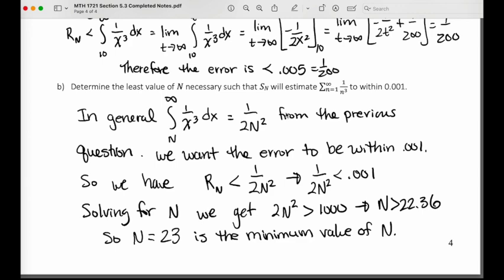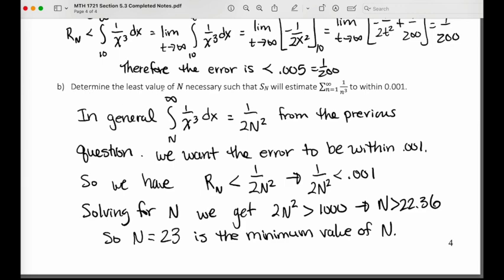Now, we can use this theorem to even work backwards, to figure out what value of n, what term do I need to go out to for the series, and to add all those up, in order to have a certain error? So we can use this to go backwards.